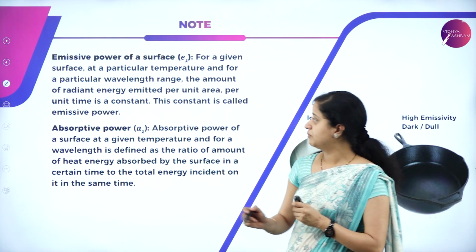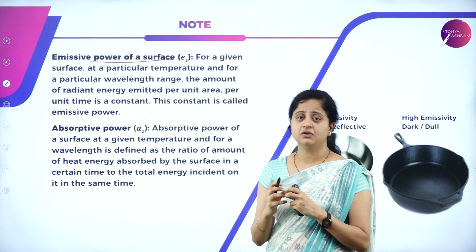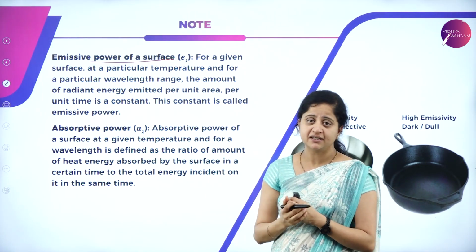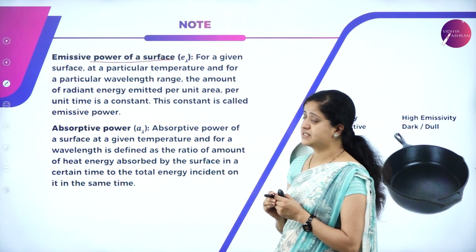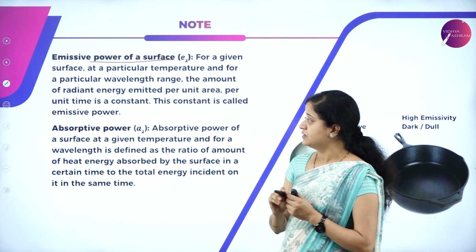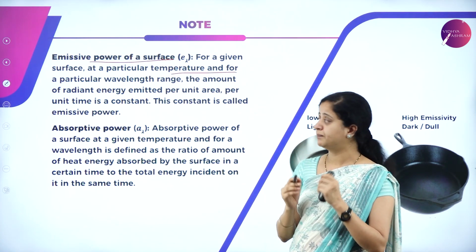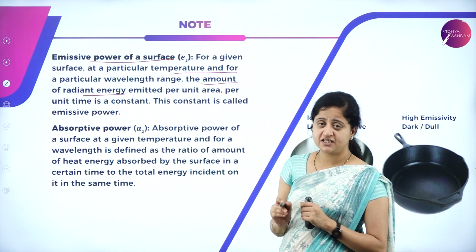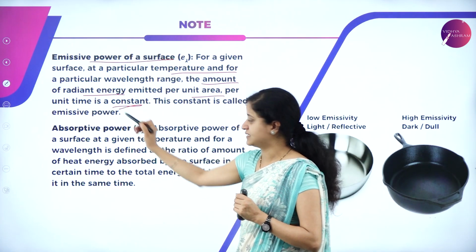So let us now learn a few more important concepts, that is the emissive power of a surface. We now know how a body absorbs, and what if the body doesn't emit anything else. The emissive power of a surface is given by E lambda. For a given surface at a particular temperature and for a particular wavelength range, the amount of radiant energy emitted per unit area per unit time is a constant.